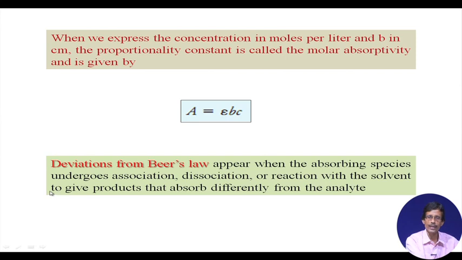The solvent can give a solvolytic product, or give coordination if it is a metal ion. These are the difficulties, so we should avoid applying Beer's law where we have association, dissociation, or reaction with the solvent we use.